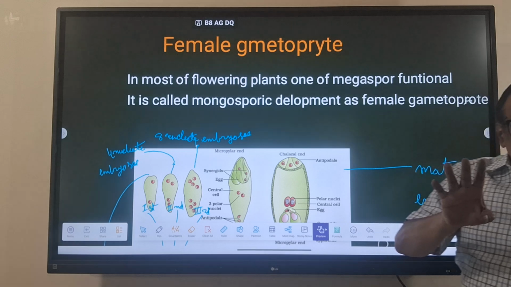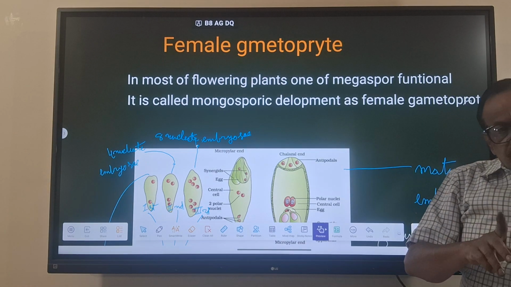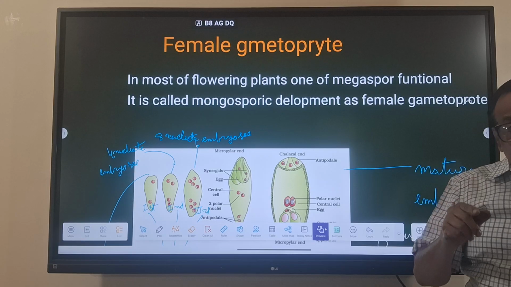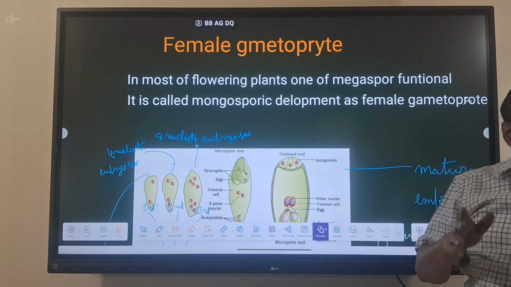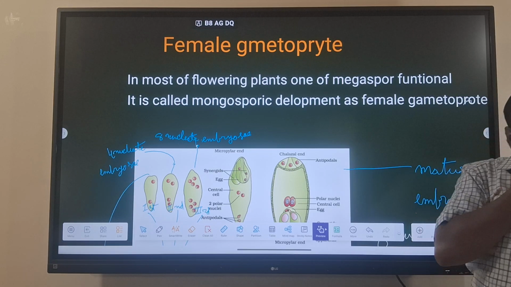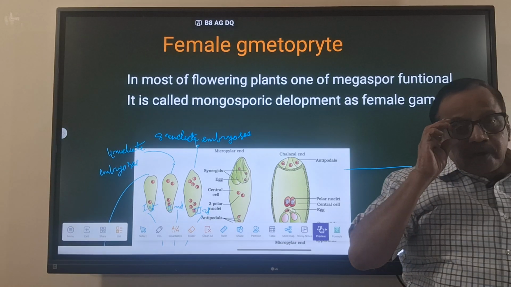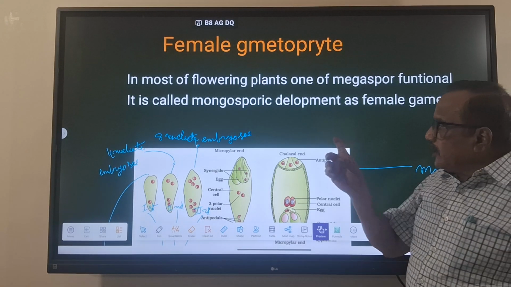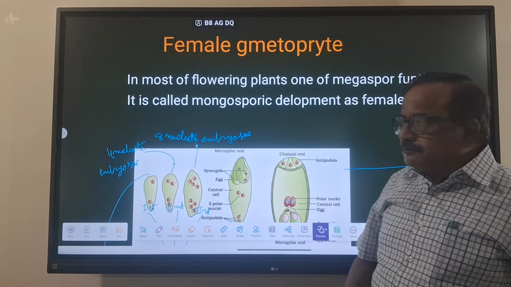Out of 4 megaspores, one will be functional, and the functional megaspore takes further divisions and forms the female gametophyte. That only he is going to explain here.